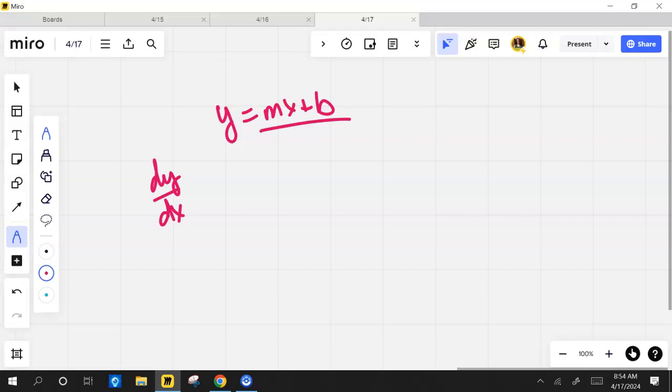So I took the derivative of this, and I said dy dx equals m, because that's the derivative here. And then I took their dy dx, and I set it equal to my dy dx. So I said 2x minus y, because that's what they gave me in the beginning, equals m. If it's a solution, that should work.